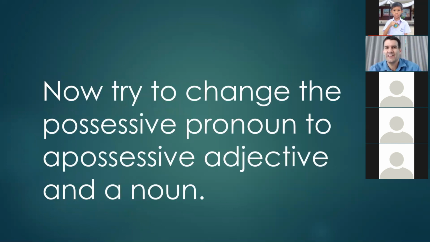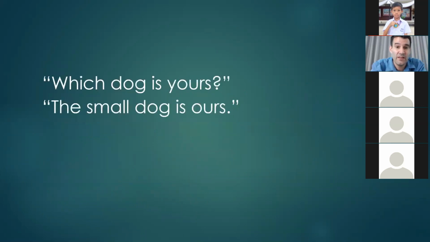So now we will try to do the opposite. We will try to change a possessive pronoun to a possessive adjective and noun. So which dog is yours? The small dog is ours. So in this one, we will change yours and ours to your dog and our dog.